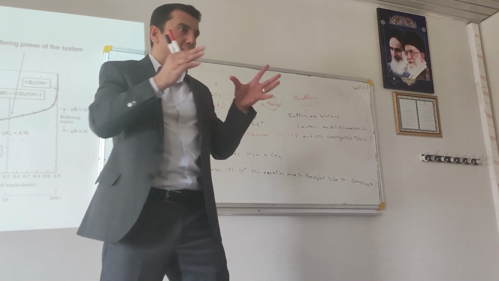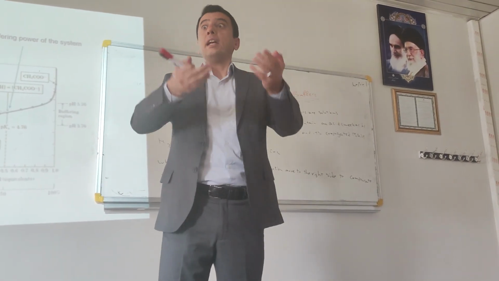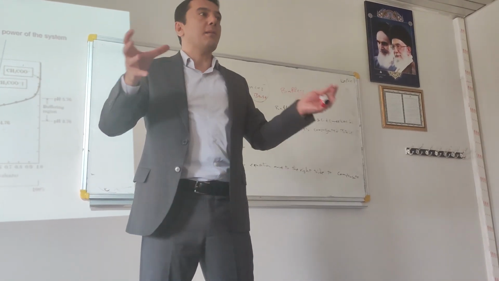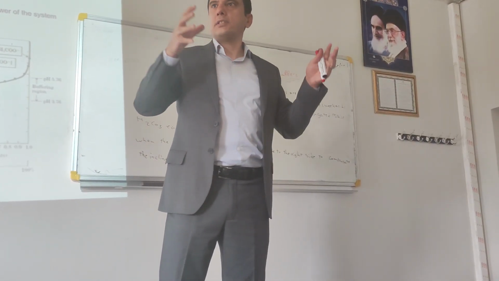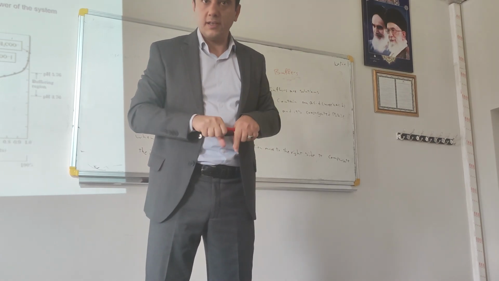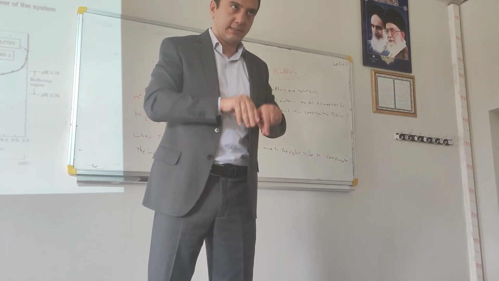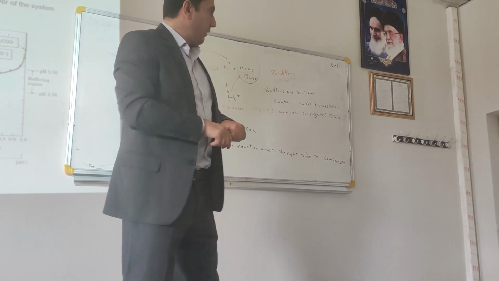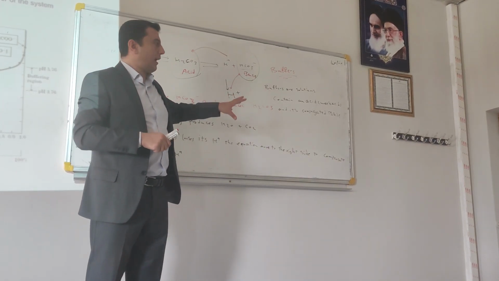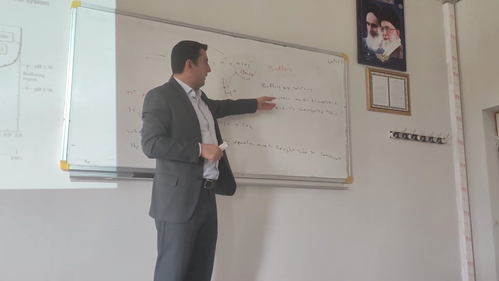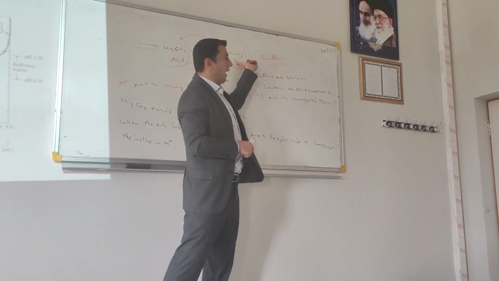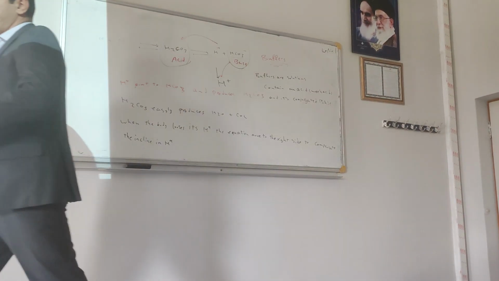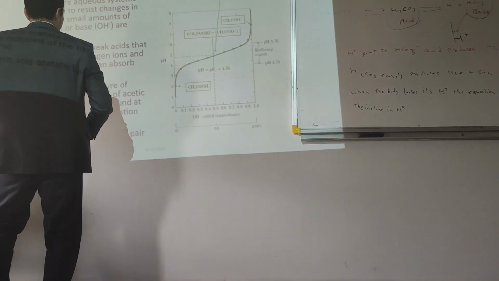So when pH changes in our blood, in our body, in our cells, we have some buffers that don't let the pH change. Do you understand? So buffers contain a weak acid and its conjugated base.